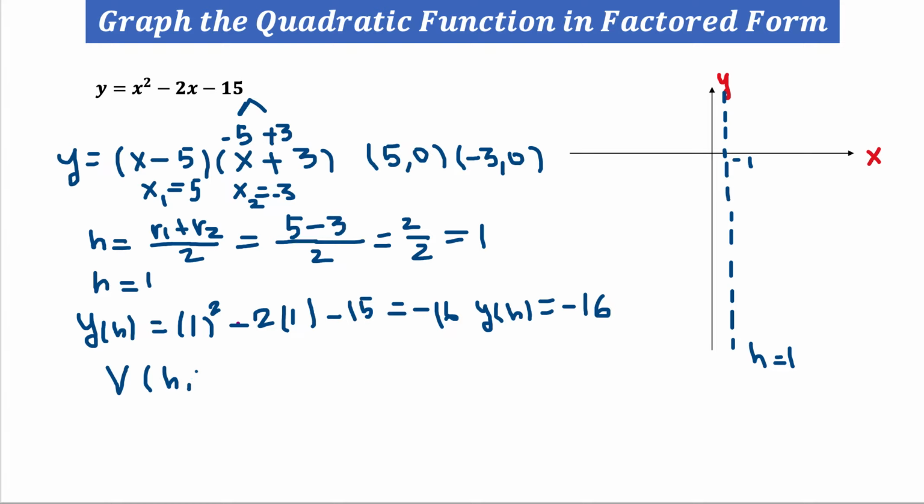What we saw previously is f of h, but because I have a y of h, let me plug in y of h here. I think it makes better sense. And when I'm finding the vertex, h is 1, and y of h is minus 1, minus 15.